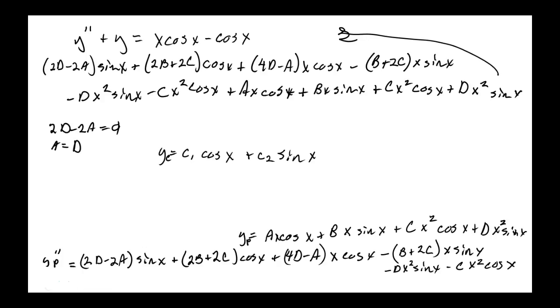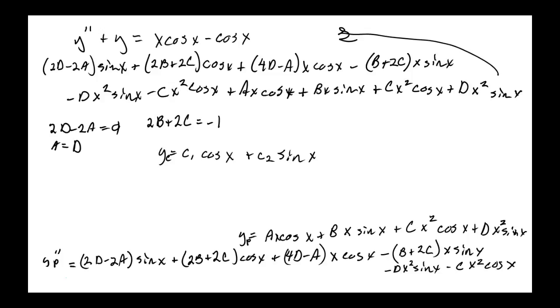All right, that's done. Looking at the next one, 2b plus 2c is equal to a minus 1, because let's make sure there's no cosine only. No, there isn't. So that's equal to minus 1. Doesn't tell us much there, but we can go with it.